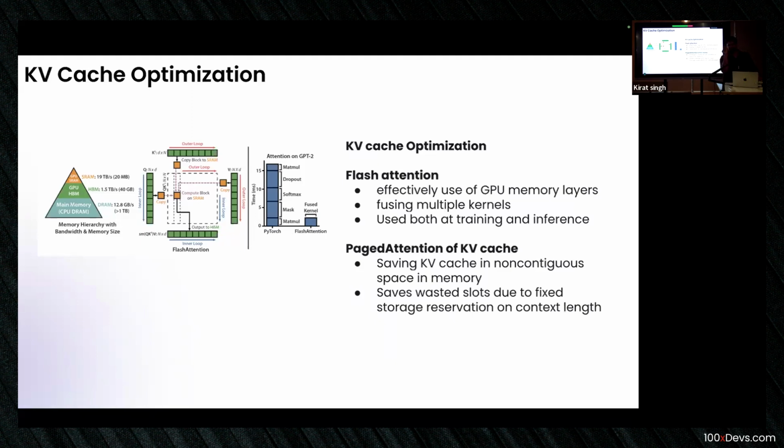And so the whole portion in between is wasted. In the same way, you have all these spaces which are wasted. So they also created an algorithm for it. They called it Page Attention, right? And then they also combined Page Attention with Flash Attention, right? So these were multiple things that they did to optimize the KV cache.